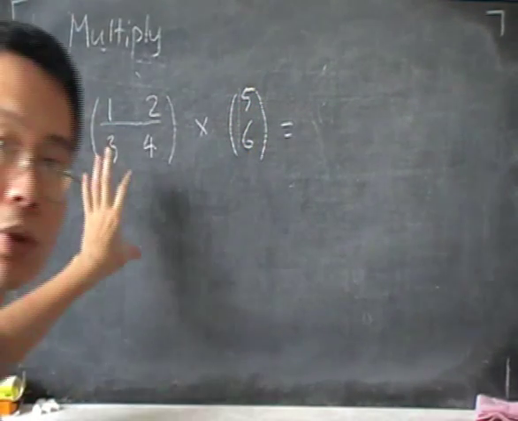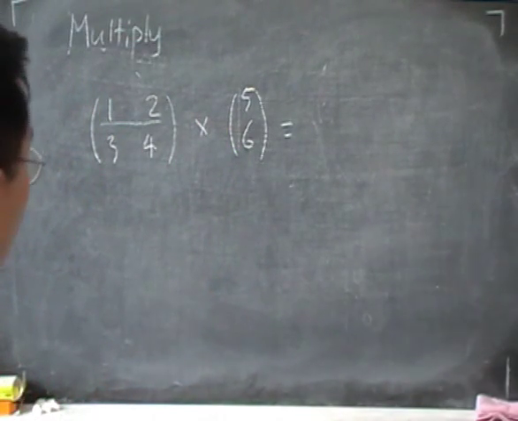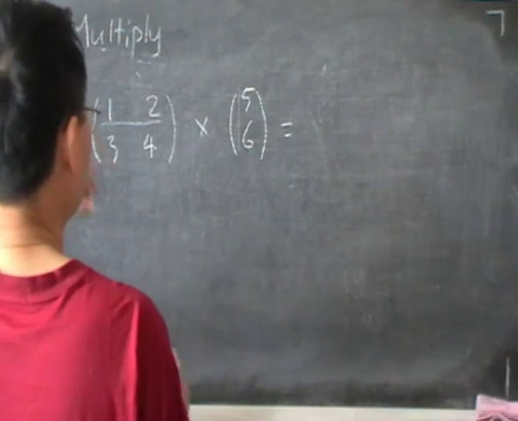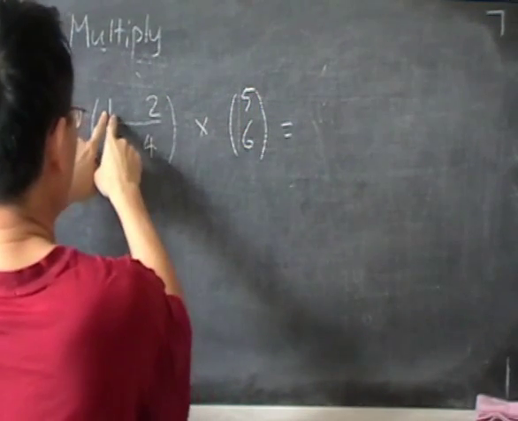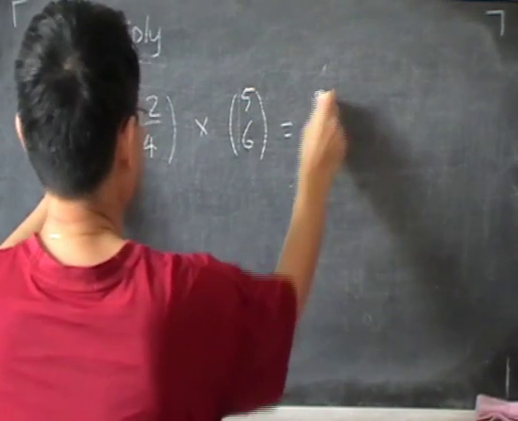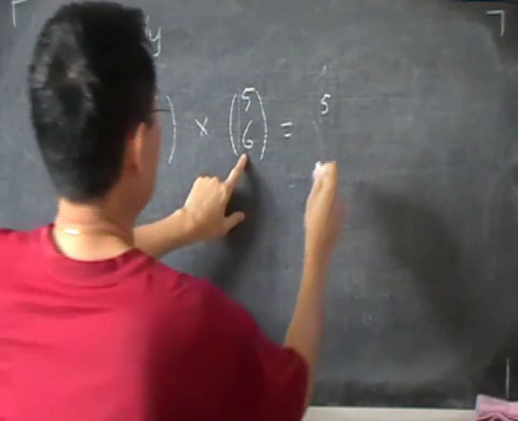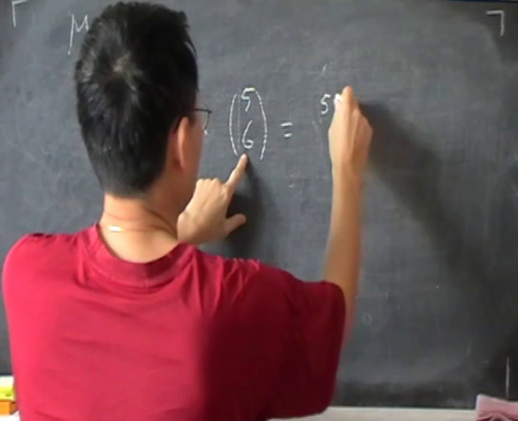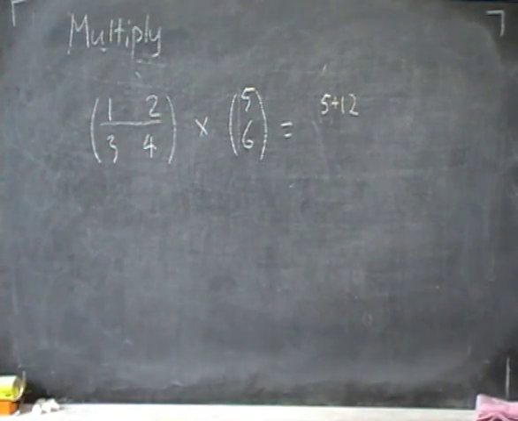First row on the first matrix, first column on the second matrix. And then I would multiply the corresponding numbers. So first number by first number is 5. Second number times the second number, that's 12. And then I must add them.